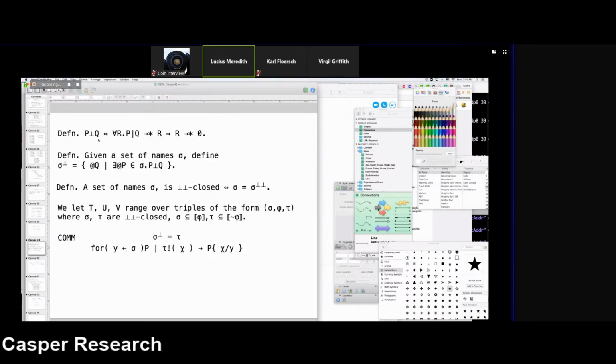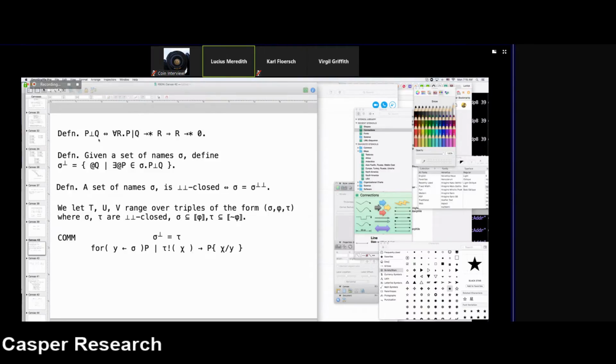And the simplest example is that P is the stopped contract and Q is the stopped contract. If you run those in parallel, then that reaches the stop contract state, which is the same as the stop contract state. So 0 annihilates 0. And that's the base step of all the inductions that we do.